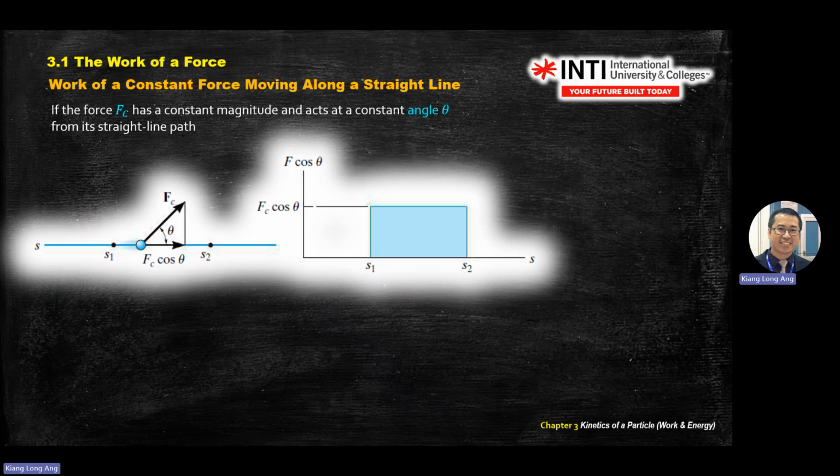If you see this diagram, you need to split the F sub C into X direction and Y direction. You know the Y direction is 90 degrees, so it cannot create work. So the only magnitude that generates work is F sub C cos theta along with the distance traveled. Then this magnitude, the blue line, will create work. So the product of the work is the area highlighted in the graph.